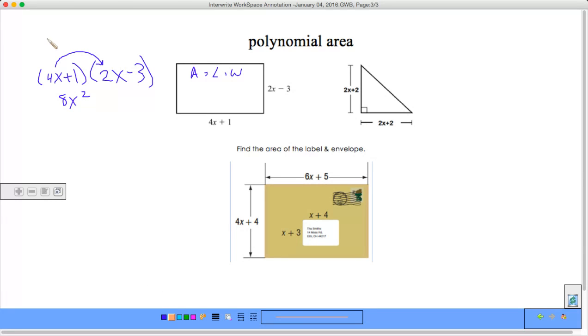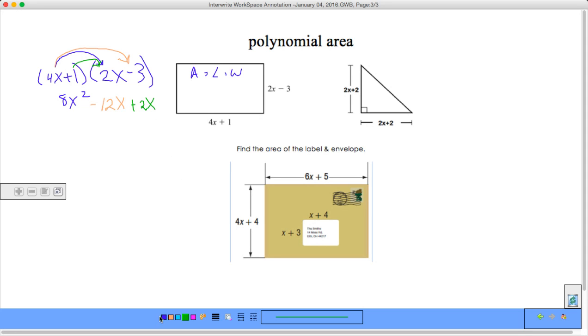Then take care of the outside, or distribute to the second term. We have 4x times negative 3 is negative 12x. And then 1 times 2x is 2x.